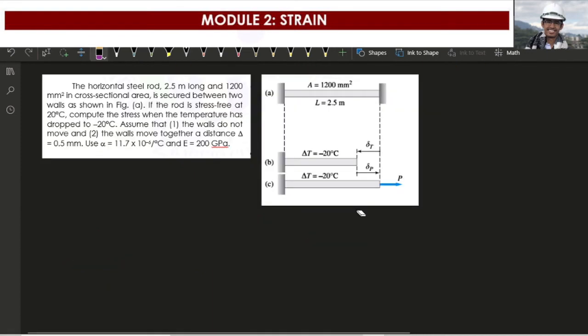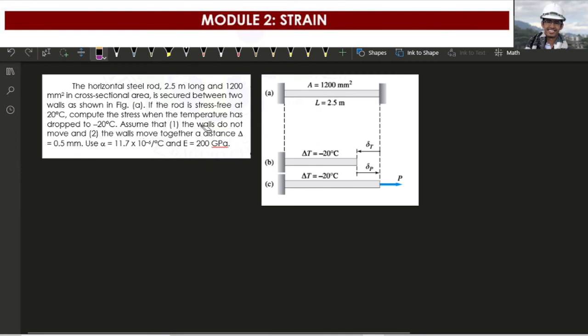So, next problem tayo. So, this is an example of a thermal stress problem, involving yung ating temperature change. Okay? So, the horizontal steel rod, 2.5 meter long and 1,200 mm in cross-sectional area, is secured between two walls as shown in the figure A. If the rod is stress-free at 20 degrees Celsius, compute the stress when the temperature has dropped to negative 20 degrees Celsius.